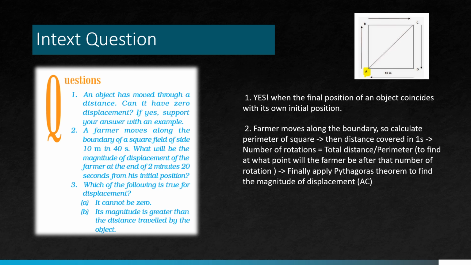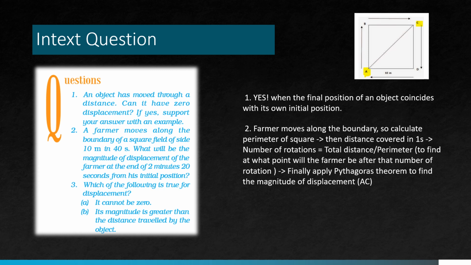That I'll find out by total distance divided by the perimeter. Now this will give me the final position at the end of 2 minutes 20 seconds, which I have calculated and is point C. Now the farmer has made around 3 rounds and reached point C.